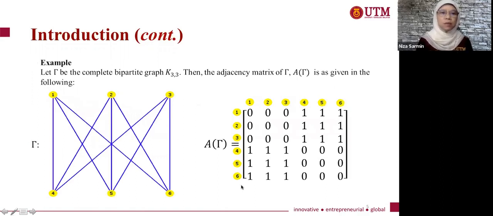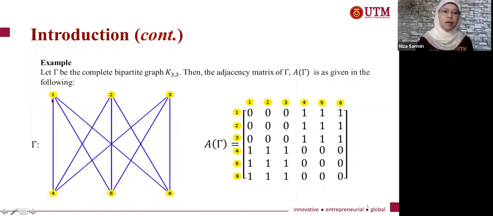So as an example, let gamma be this complete bipartite graph K33, in which the vertices are 1, 2, 3, 4, 5, and 6. So the adjacency matrix of gamma, which is A gamma, is given in the following. So we have this label for the rows and columns as the vertices 1, 2, 3, 4, 5, 6, and the diagonal are all 0.